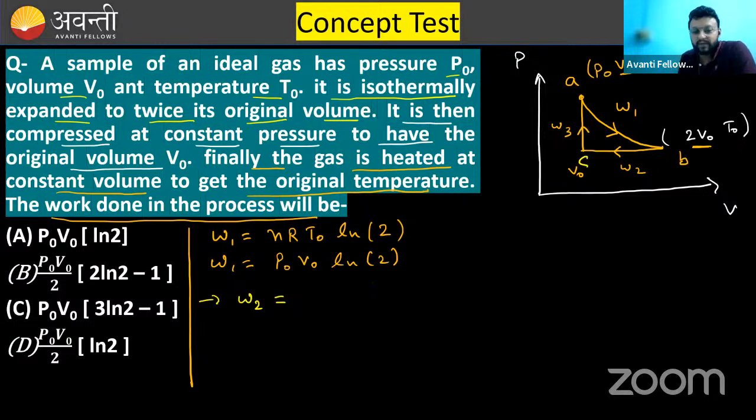So in the isobaric process work done is P delta V. Delta V is what? V naught minus 2V naught, final minus initial. Now we have to put the value of P here. If we can put the value of P, then total work done can be calculated easily.